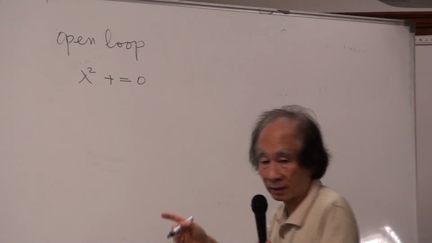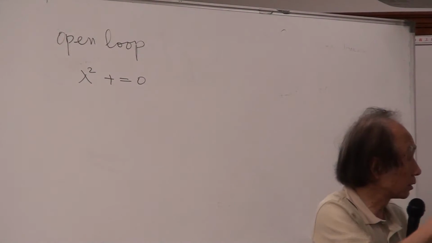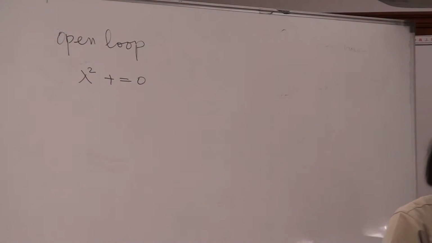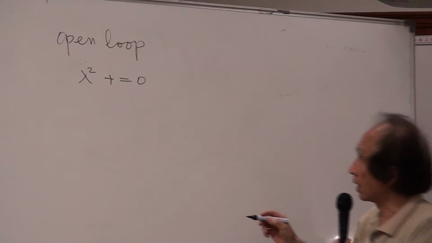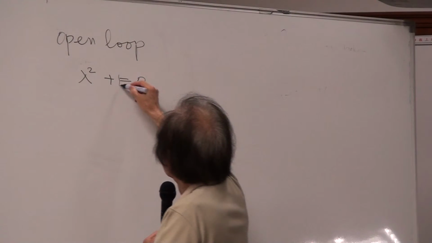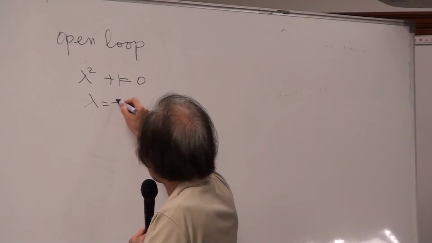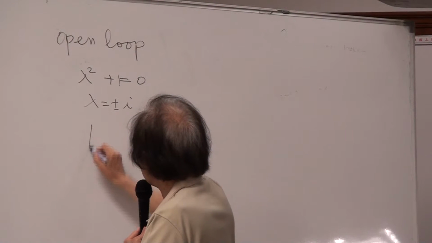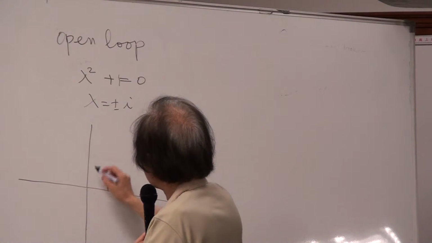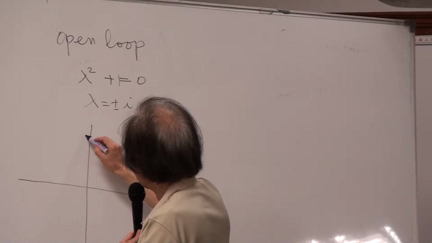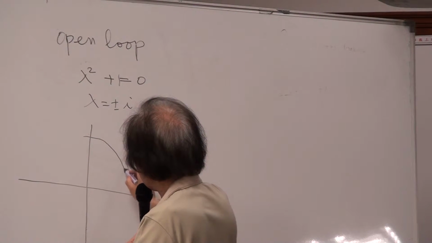That's our open loop for this discrete time system, and we know that lambda equal to plus or minus i. But in this discrete time model, you have to be very careful, because a discrete time model is in the unit circle here.